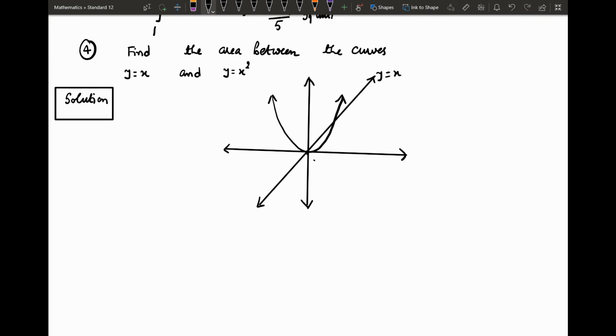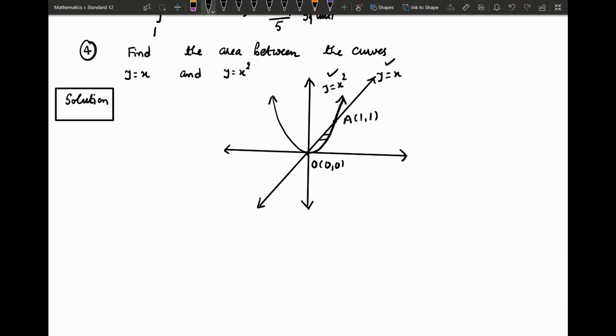As usual, this is the origin (0, 0) and this is y equal to x square. When we solve these two equations, we will get the coordinates of the point of intersection A(1, 1). So we have to find the area of this portion.